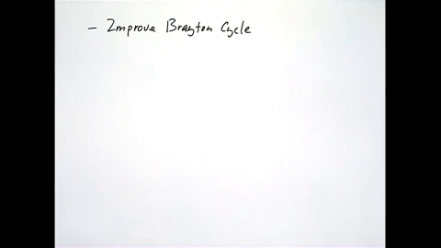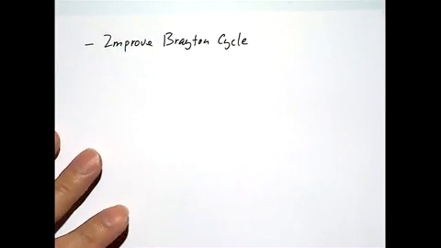Right. In the last lecture, we discussed the basic Brayton cycle and different ways that we can improve the efficiency or net output of this cycle. There are a few things we can do.